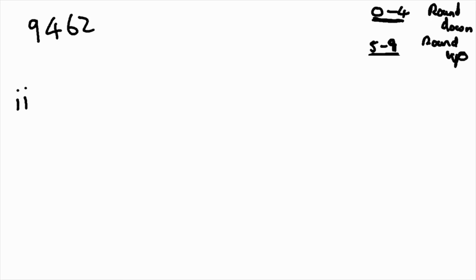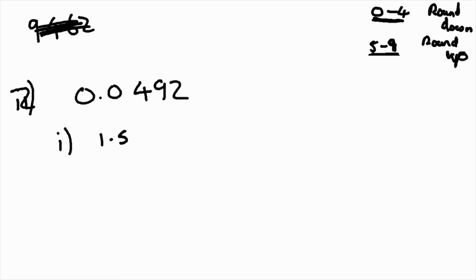Another example, 0.0492. And again, we're going to round to 1 significant figure and 2 significant figures.